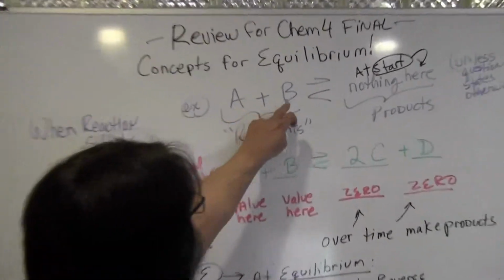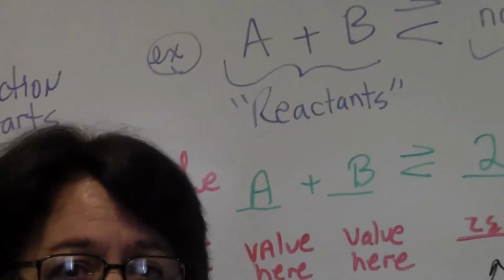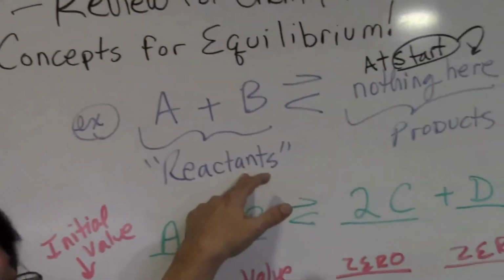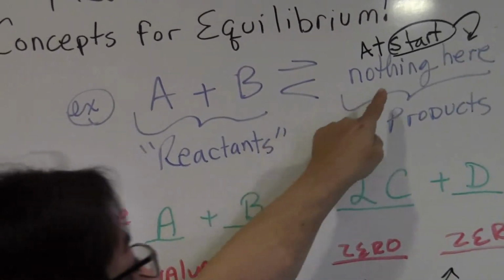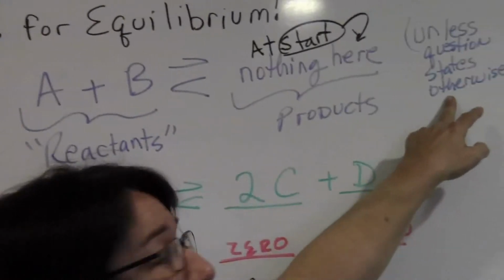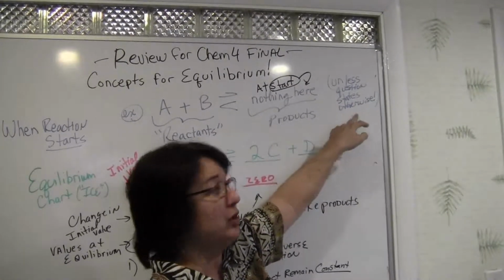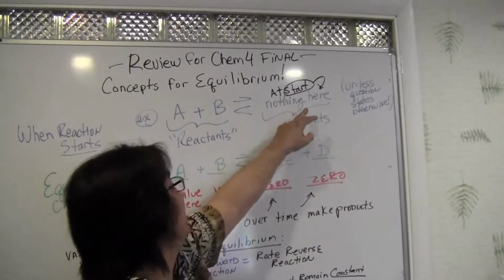If you start out with two reactants, A and B, at the very beginning of the reaction, you're only going to have reactants. You're not going to have anything here because products haven't been made yet, unless the question specifically states amounts of products. You're going to assume there's nothing here.